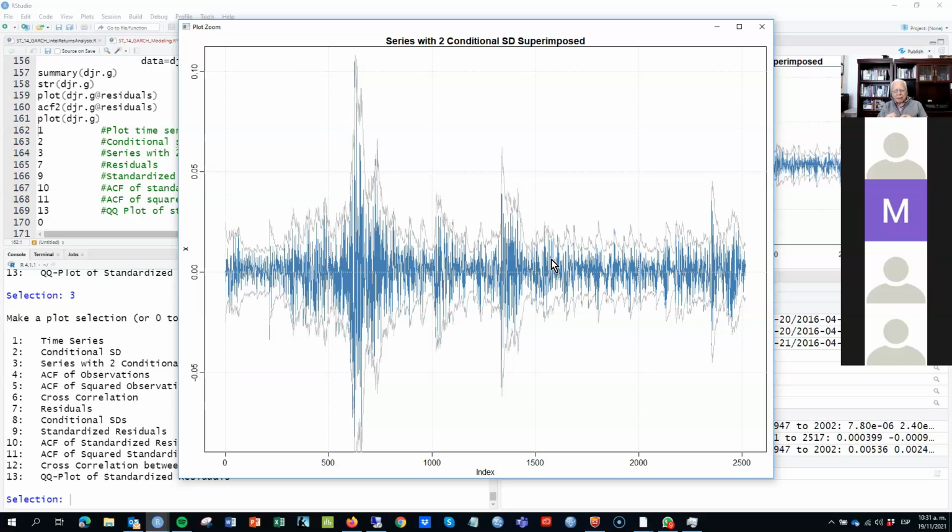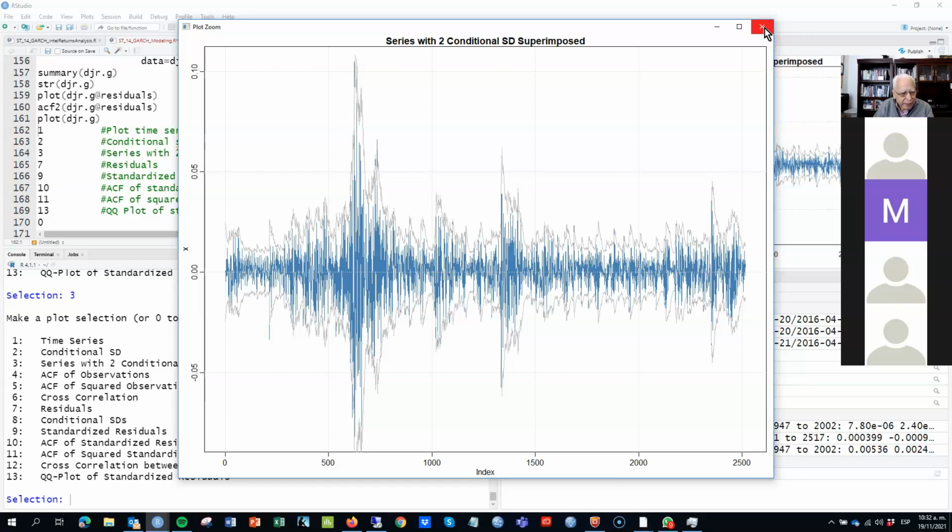I can analyze how these 2 times standard deviations compare with the series, and they should definitely cover most of the actual values of the series. Here in gray, you can see the two conditional standard deviations. That's telling me that the model is actually reflecting very nicely the conditional heteroscedasticity of the series.